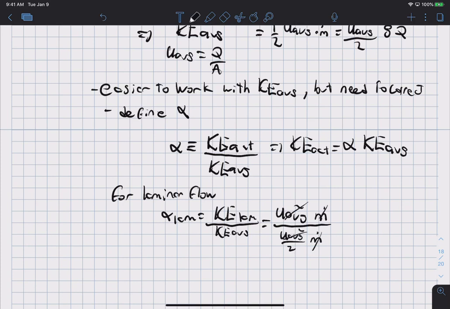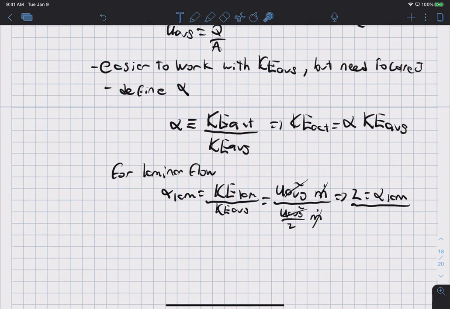Almost everything cancels out, and this equals 2, equals alpha lam. Okay, so the bogey factor for a laminar flow is a factor of 2. So if you just base the kinetic energy solely on the mean velocity at a given cross-section, your kinetic energy is off by a factor of 2 for a laminar flow.